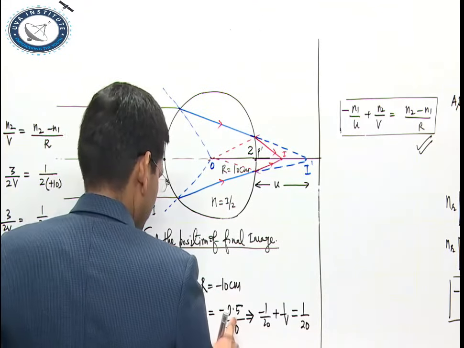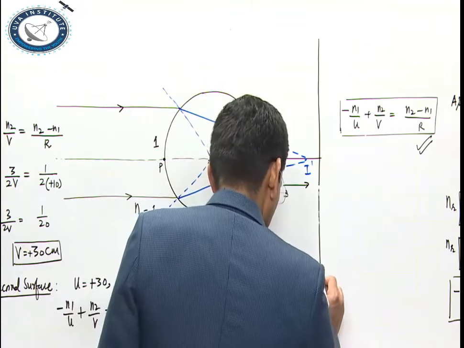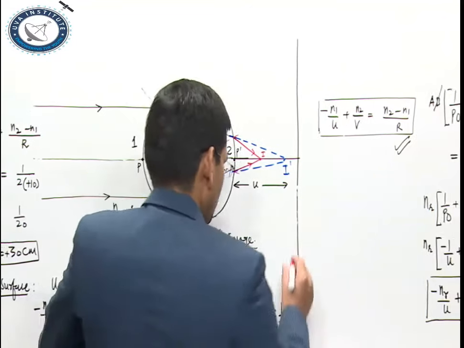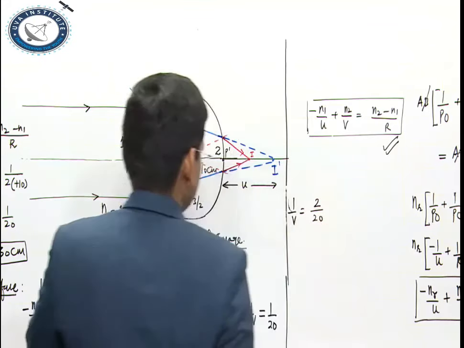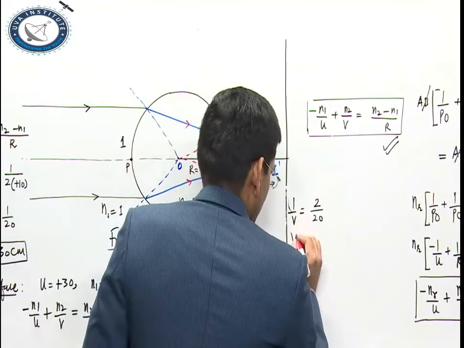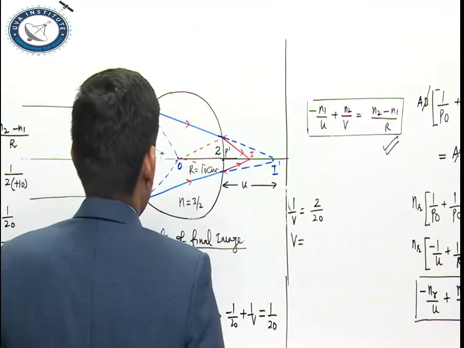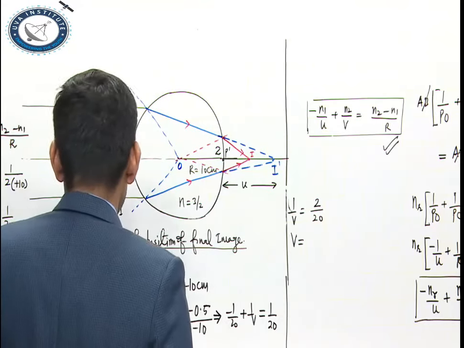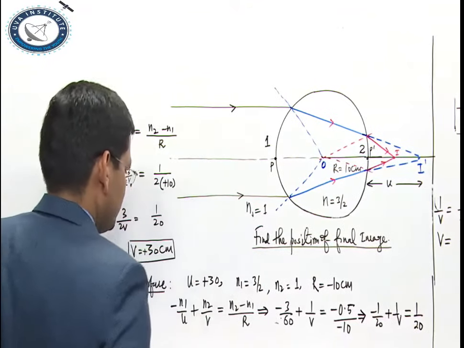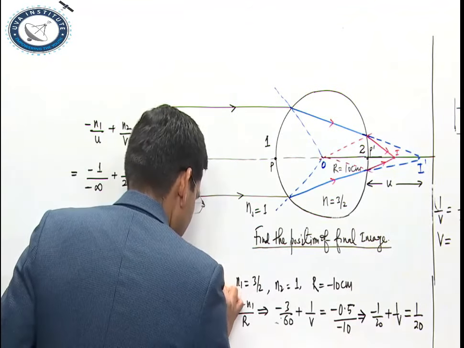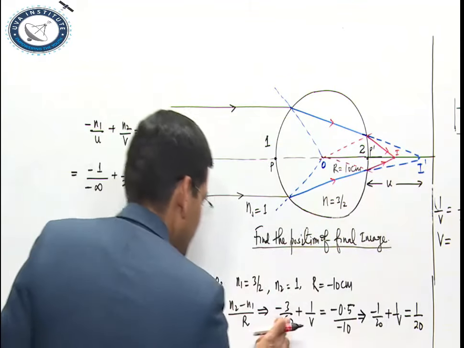Oh, I did a little bit of a mistake here. I just want to correct it. This will be plus 10. Because u is plus 10 here, I did a mistake, just correct it. So, this will be 20.